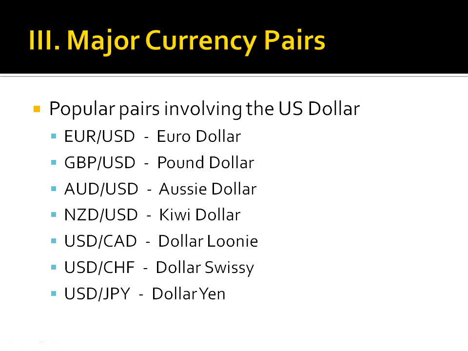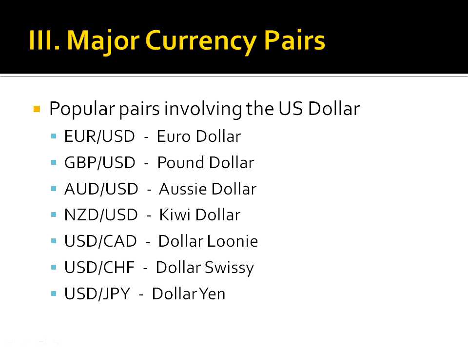Currency pairs involving the United States dollar are referred to as the majors, the major currency pairs. It doesn't matter if the United States dollar or the USD is the base currency or the quote currency. If it's in the pair, and out of those 8 currencies that we looked at you form a currency pair, and if it involves the US dollar, it is considered a major currency pair.